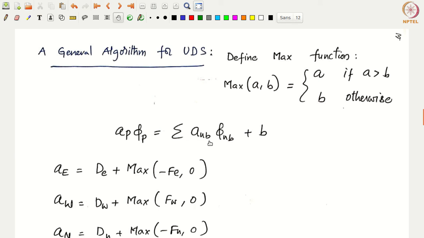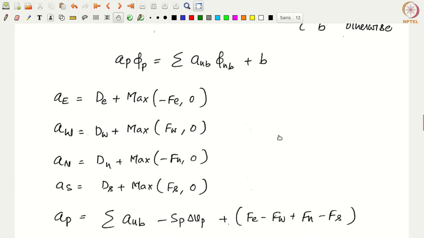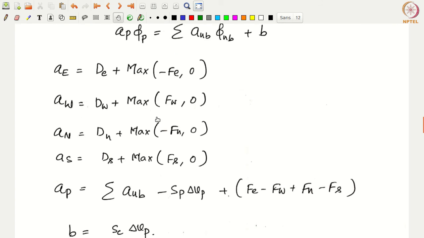Essentially we seek to write AP phi P equals sigma NB phi NB plus B, and our A neighbor, A capital E, is now D east. This is coming from your diffusion, right?